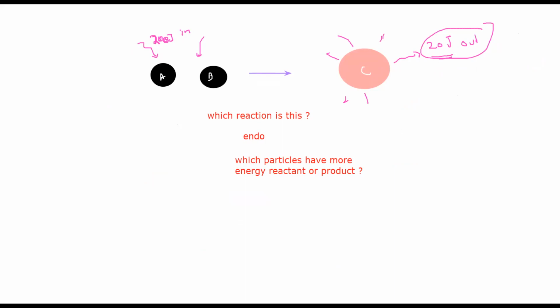So when we sketch a graph for endothermic reactions, in this case, the product will have a higher amount of energy.